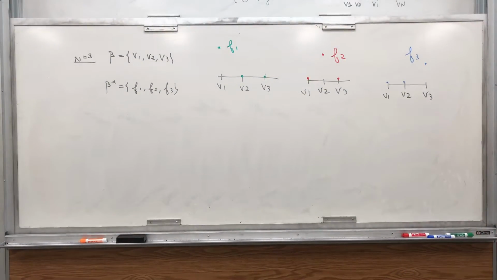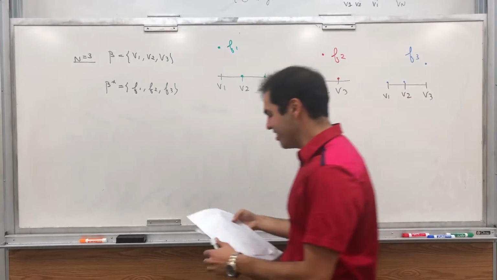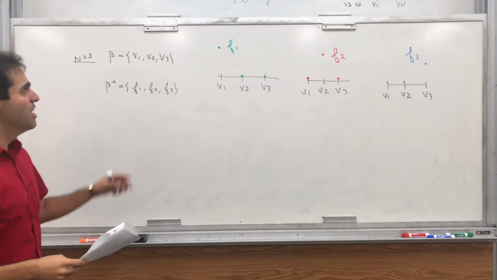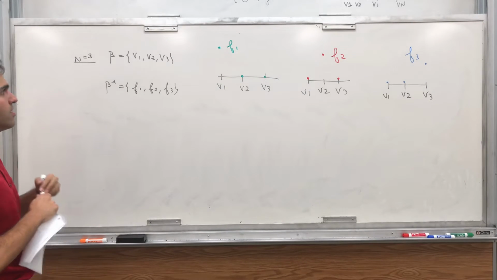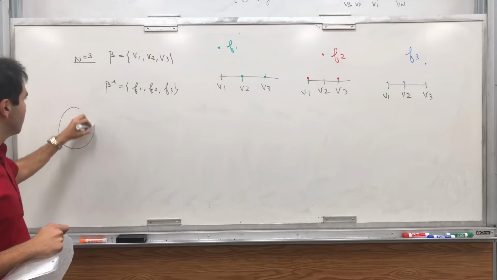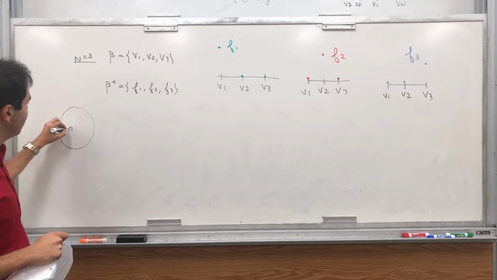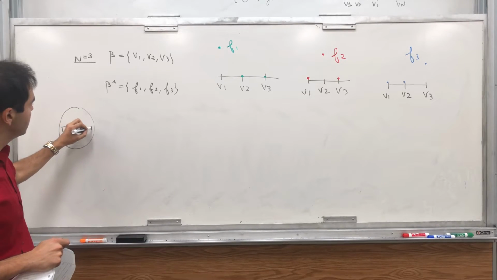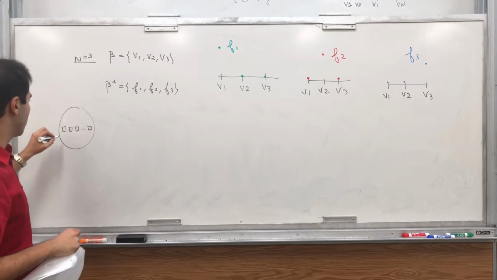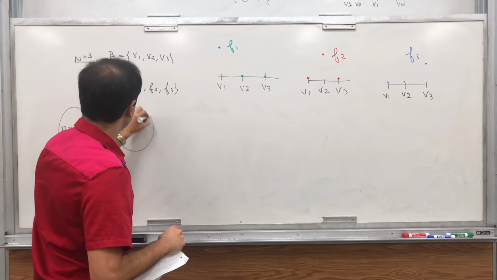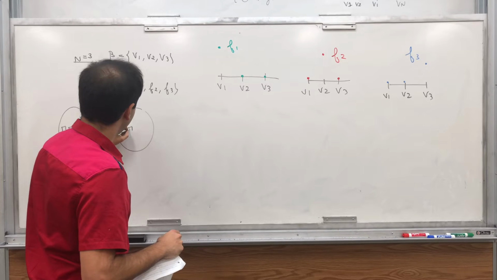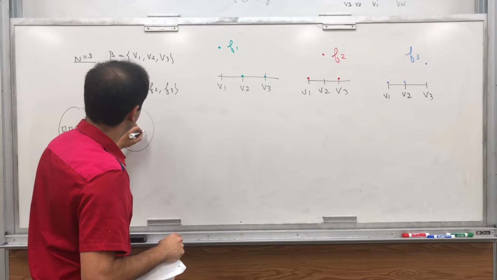And why is it called a dual basis? Well, you may guess. If this is a basis of V, it turns out this is a basis of V star, which is very nice. It's a very nice way of getting an explicit basis of V star. So this is v1 up to vn, and this is f1 up to fn.